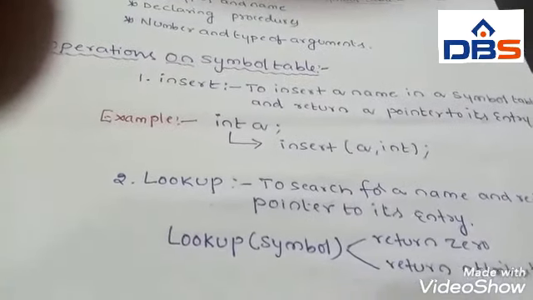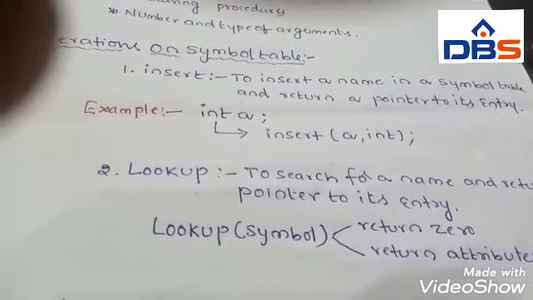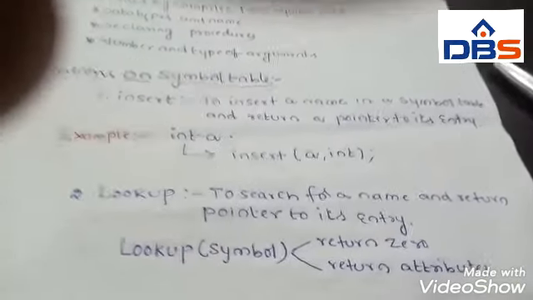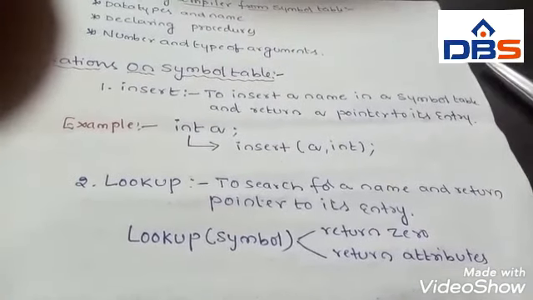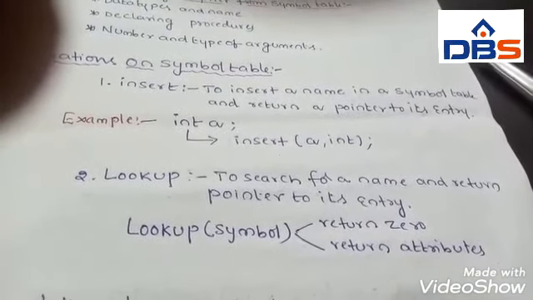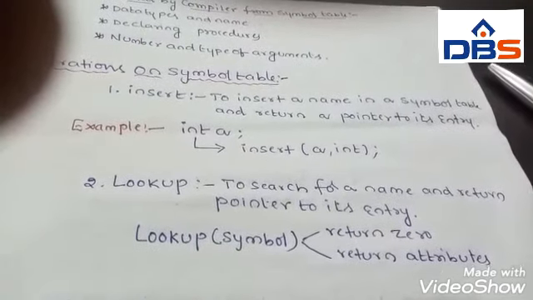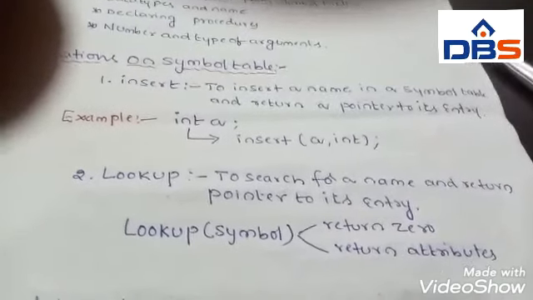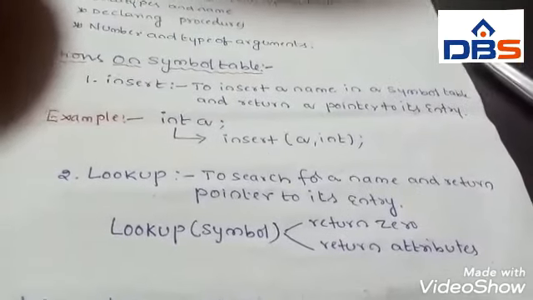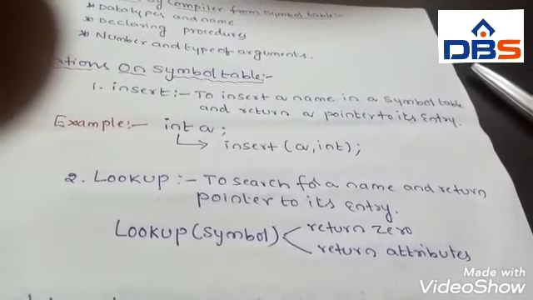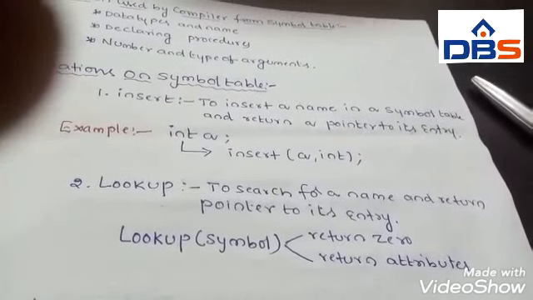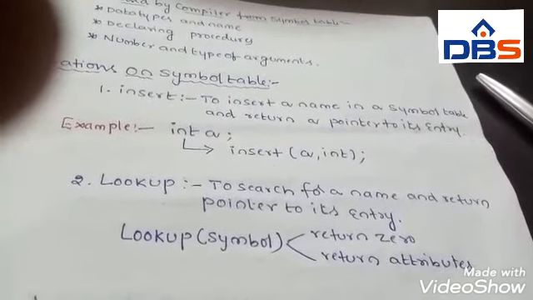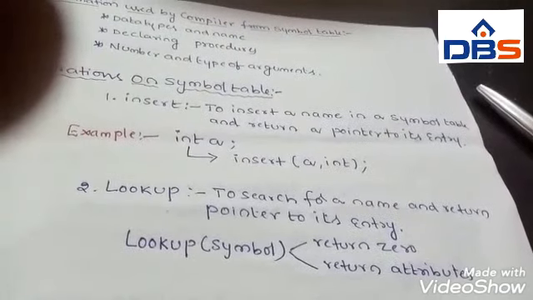Lookup is used to search a name in the symbol table to determine if the symbol exists in the table, if it is declared before it is being used, if the name is used in the scope, if the symbol is initialized, and if the symbol is declared multiple times.